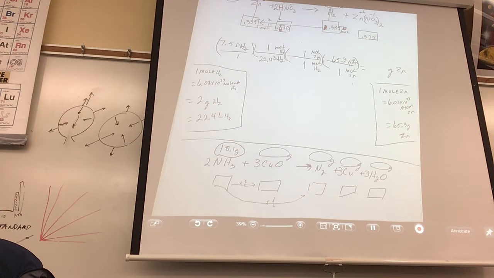Plus 6. Let's do the next one. Again, 2, that's the easy one. And 2. 28. Let's do the next one. Copper by itself. That's 63.5. That's easy, by itself. 63.5.